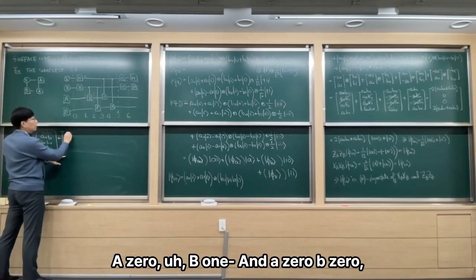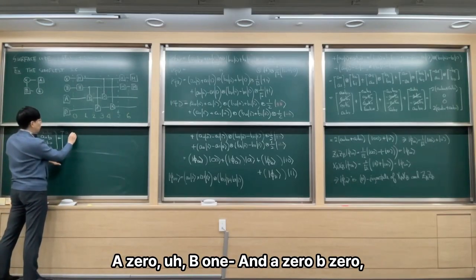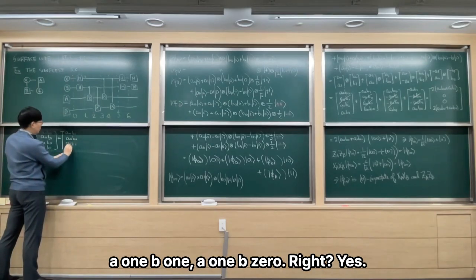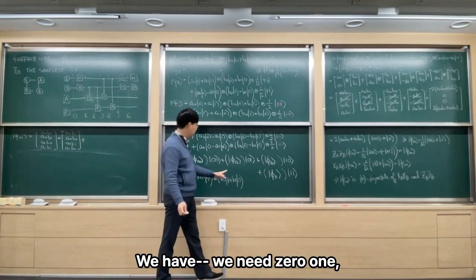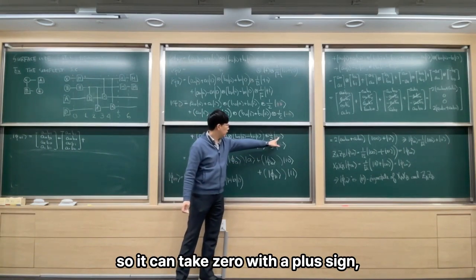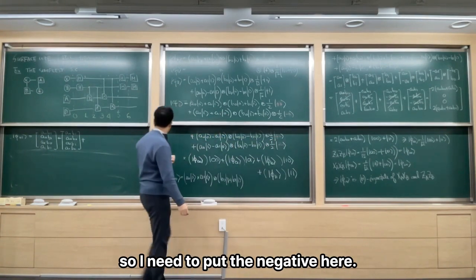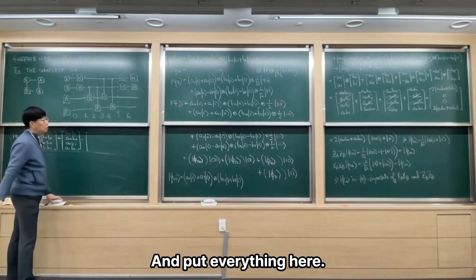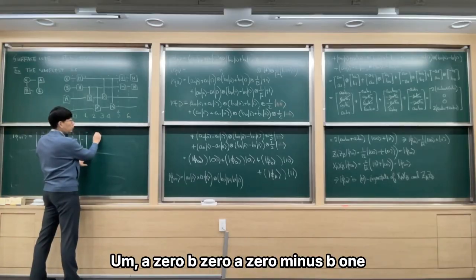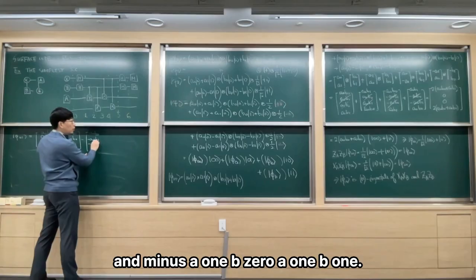So what is it? A0 B1, and A0 B0, A1 B1, A1 B0, right? Yes. And then let's look at the third one. We need 0, 1. So I can take 0 with a plus sign, and now 1 has a negative sign, so I need to put the negative here: A0 B0, A0 minus B1, and minus A1 B0, A1 B1.